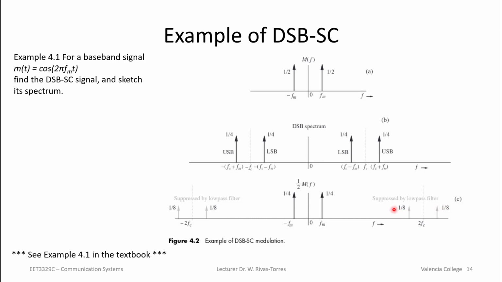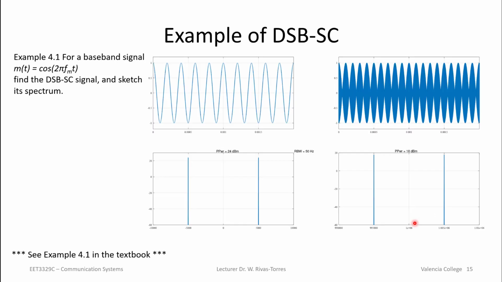Again, the magnitudes of these get reduced by 1/2, but we don't really worry about these two because we know that we're going to have a low pass filter, and they are going to get filtered out. This is fairly straightforward to do in MATLAB or Octave. So why don't we go ahead and take a shot and look at it inside of Octave.